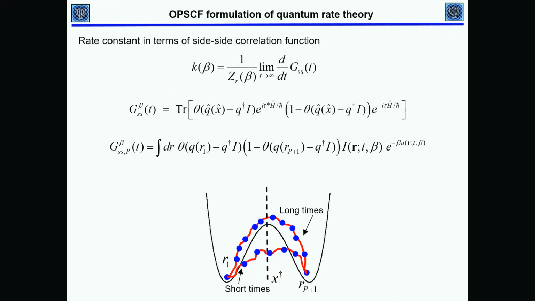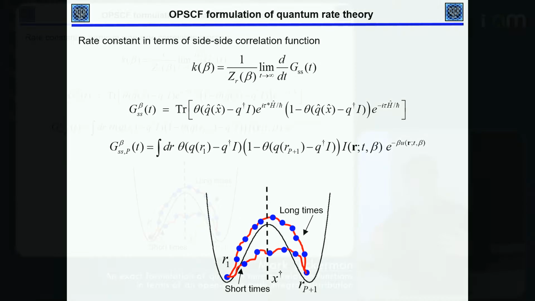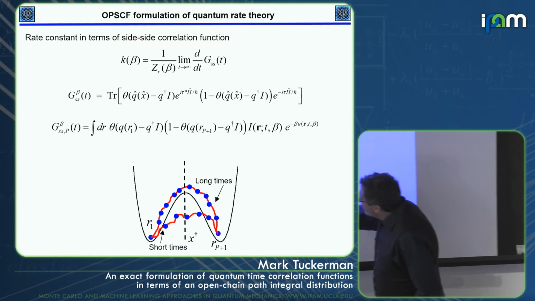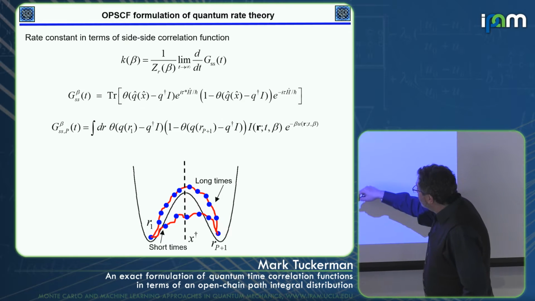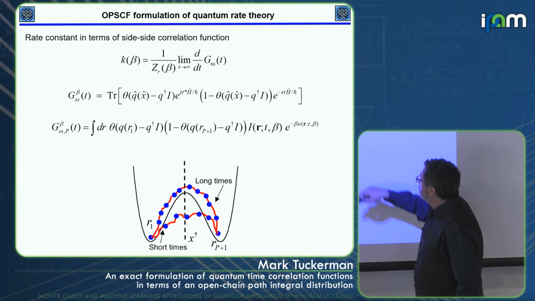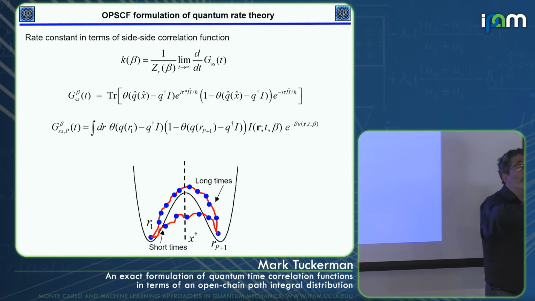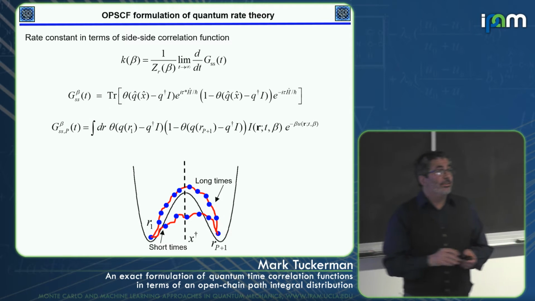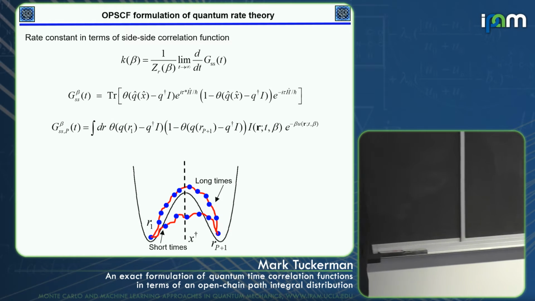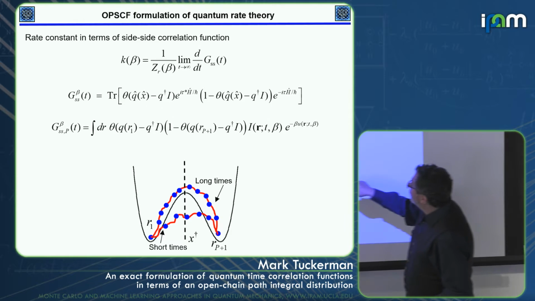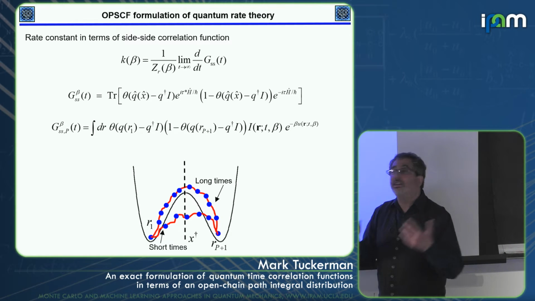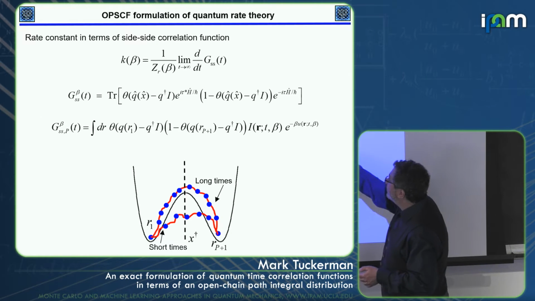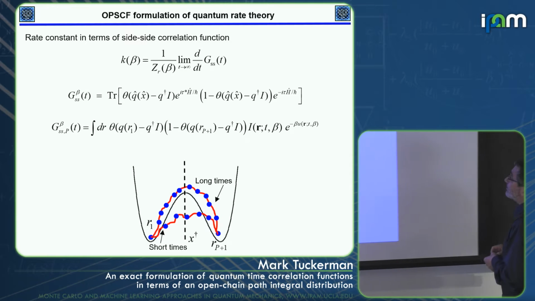As you go to long time, you expect more activated processes. For longer times, the chain has to get longer, and so these chains are more likely to cross over the barrier. So this gives you a really pretty picture in which you can see the short time emerging as these tunneling paths, and the long time looking like this.